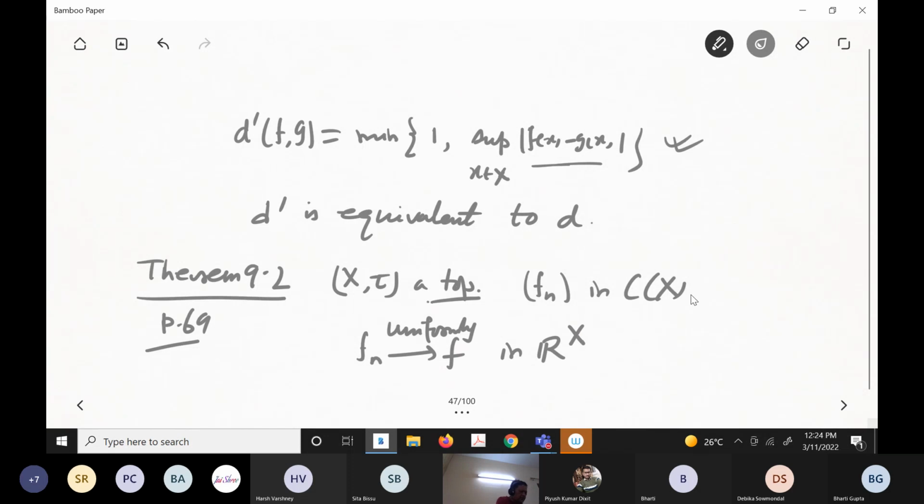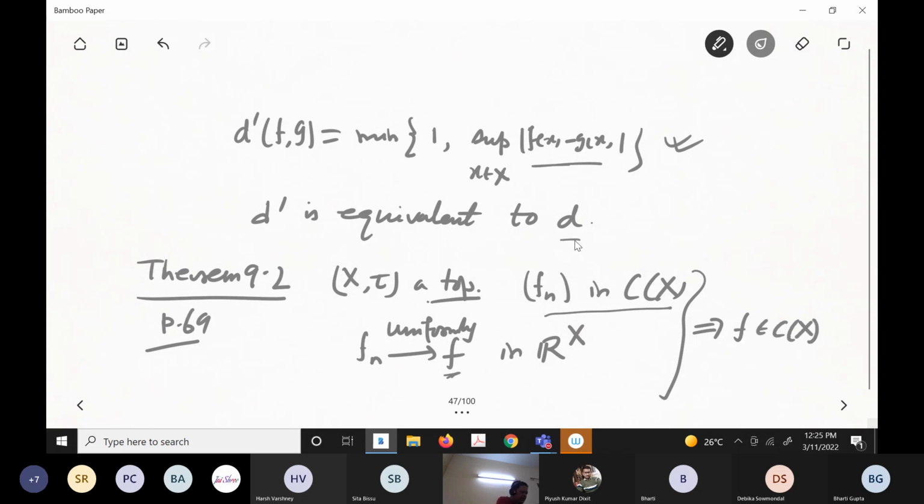Okay, these are the hypotheses. If you have a topological space and a sequence of functions here, then he's saying F will also be continuous. That is, the uniformly convergent limit of a sequence of continuous functions is continuous. This implies F belongs to C(X).